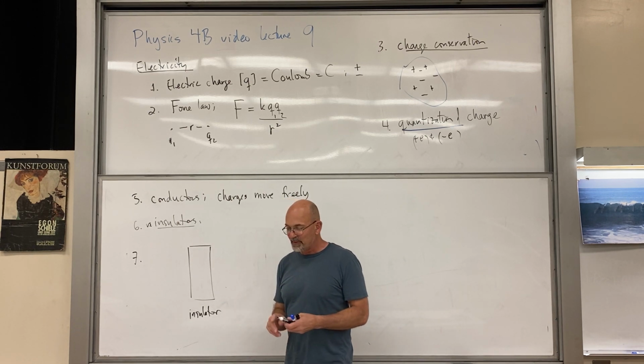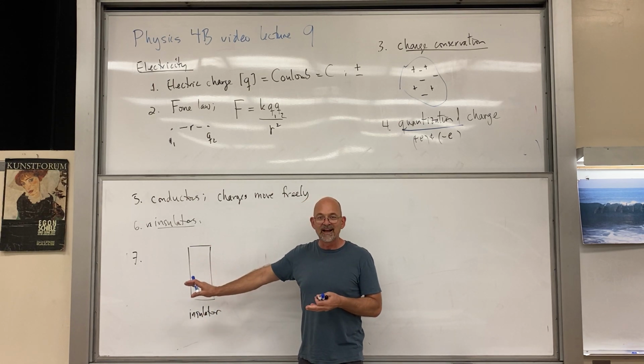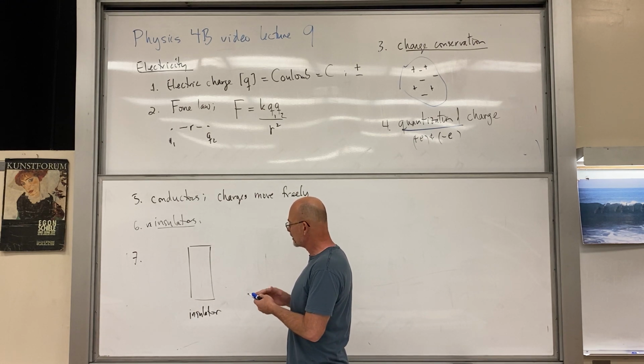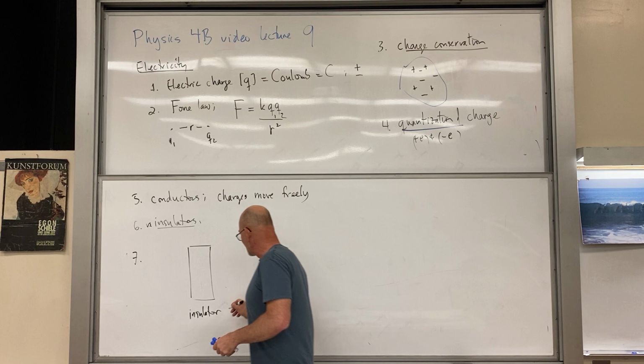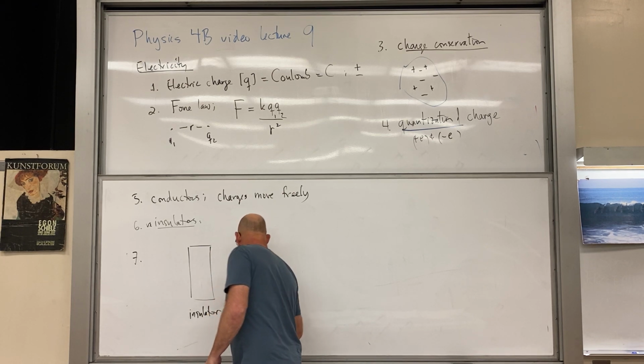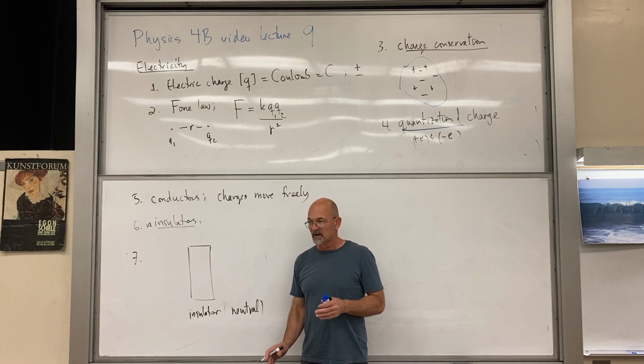And yet in that piece of wood, there are innumerable positive and negative charges in the atomic structure. So that's all mixed up, and we're assuming that the whole thing is neutral because the number of positive and negative charges in this object is equal.